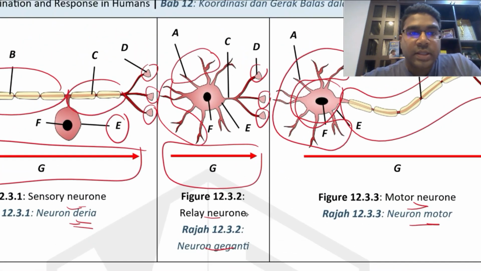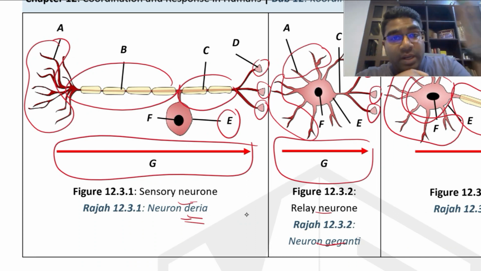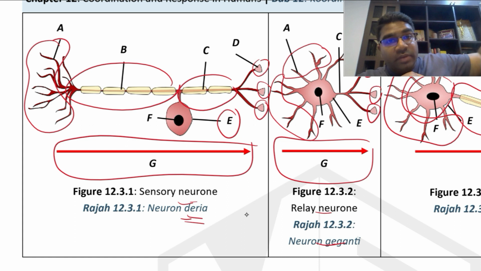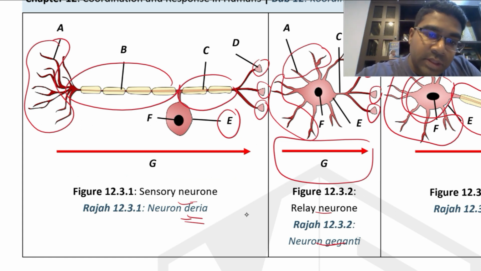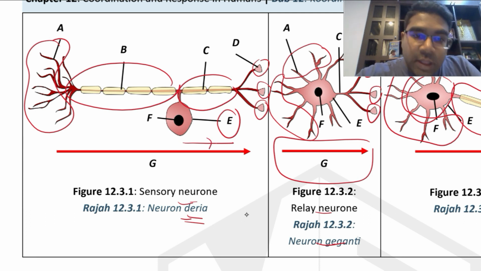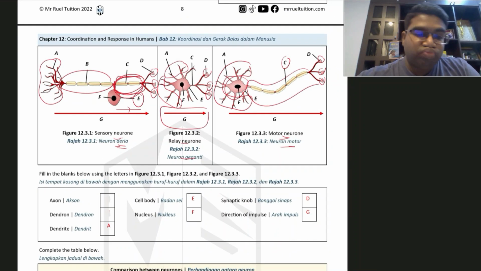Okay, ingat tak tadi, axon ialah apa? Axon ialah menjauhi badan sel. Axon away from cell body. So, kalau impulse dia bergerak ke arah ini adalah bahagian yang menjauhi badan sel. This is the part that goes away from the cell body. So, this is the axon.